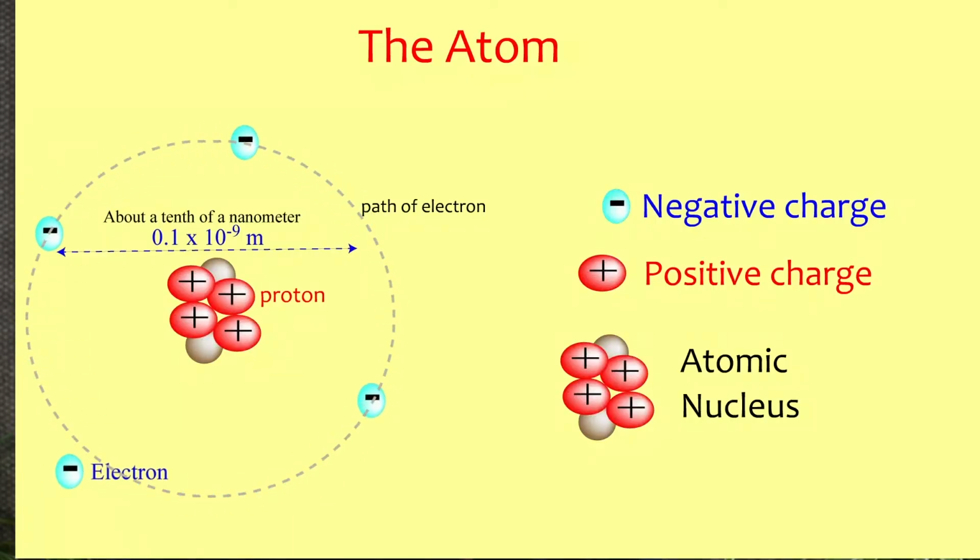The blue particles are called electrons, and they're going round and round. The red particles, incidentally, are called protons. Notice the red particles have a positive sign on them, and the blue particles, the electrons, have a negative sign on them. This refers to a property of these particles, and we call that property charge.